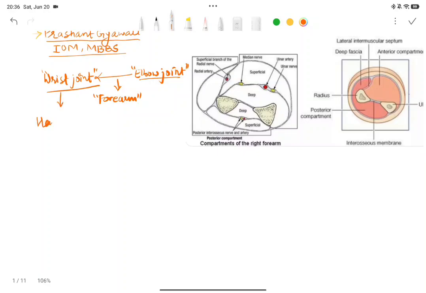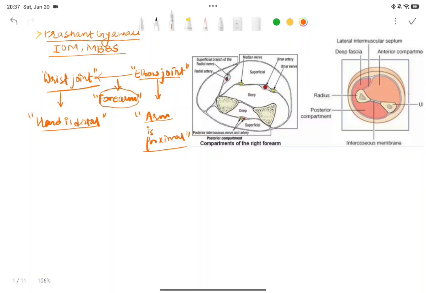Arm is proximal to the elbow joint, but the hand is distal to the wrist joint. The part of the body that lies between the wrist joint and the elbow joint is known as the forearm.